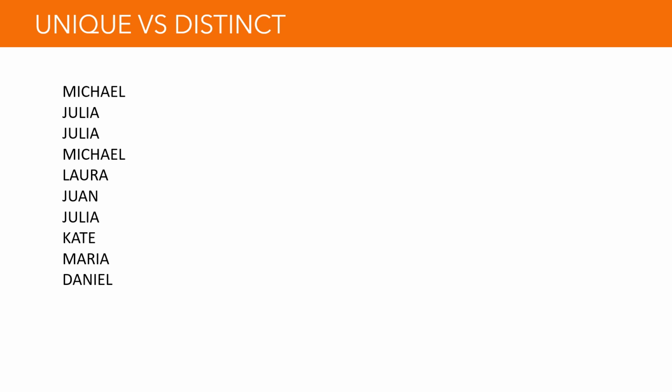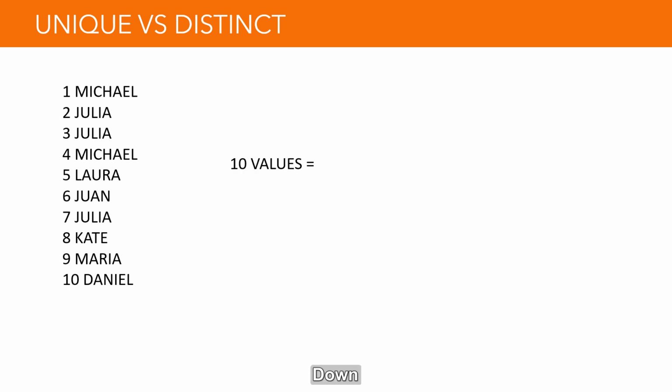And suppose this is a column in a data table in Power Query. Let's number these names. Now we can see that we have 10 values, which means this table is supposed to have 10 rows, but we can also see that not all of these values are unique. For example, Julia appears 3 times and Michael appears twice.